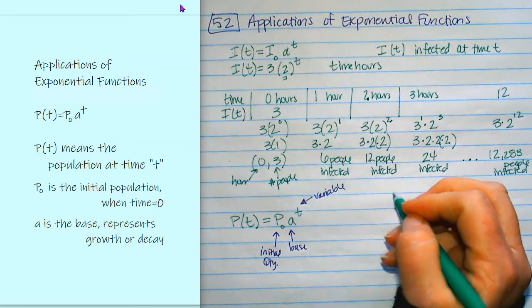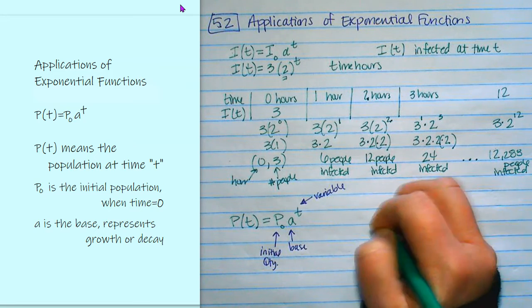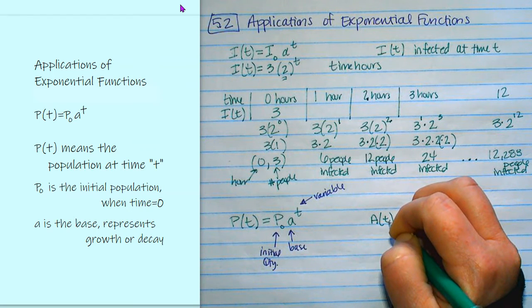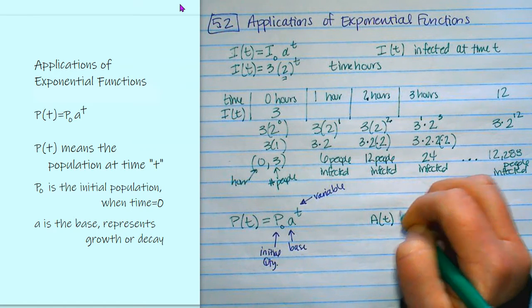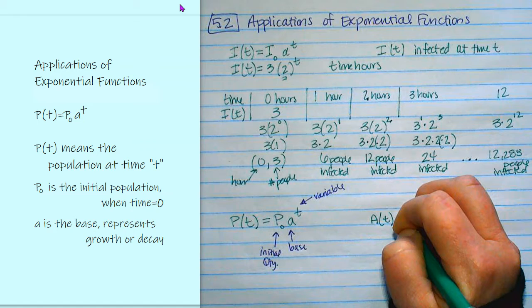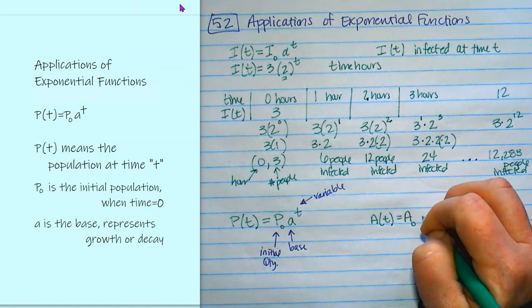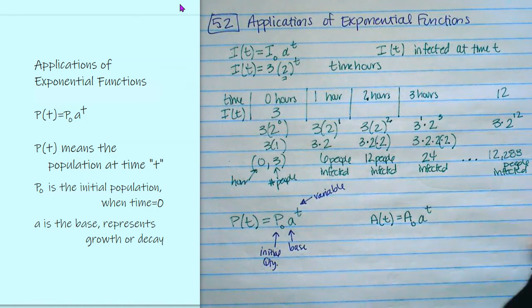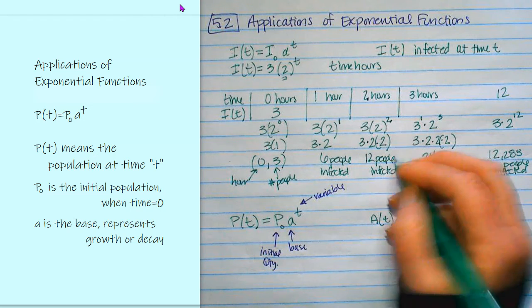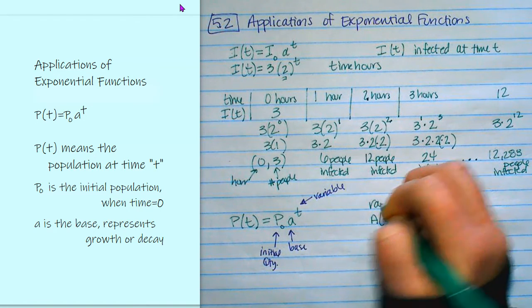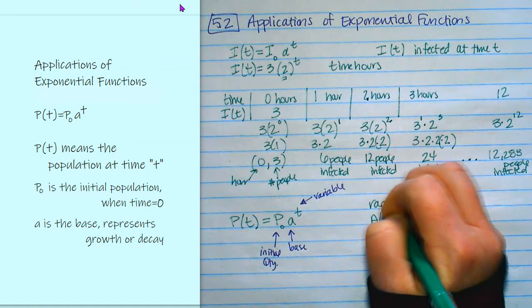It works for also radioactive decay, written in your book as amount, that's what they call it, amount of whatever it is you're looking at at time t is the amount initially started with times the base to the exponent. So this would be how the book writes out radioactive decay.